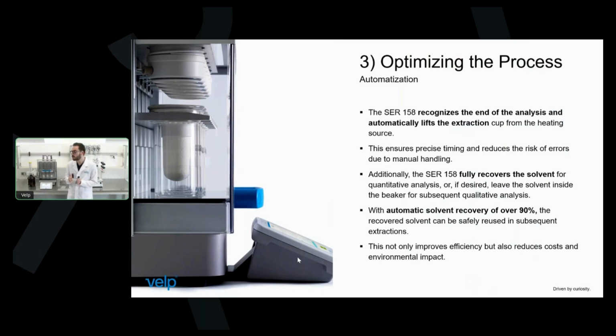Up to 90% of the solvent can be automatically recovered and reused for further extraction. So this is really important also from the economical and environmental aspect, because we are saving money and also solvent.